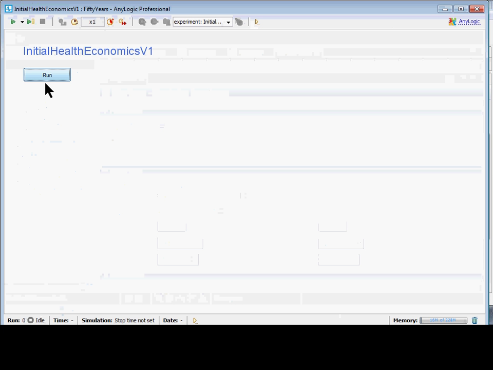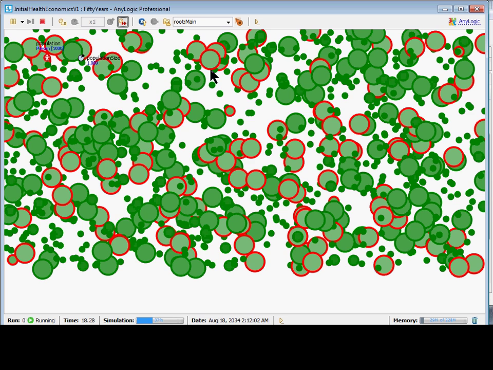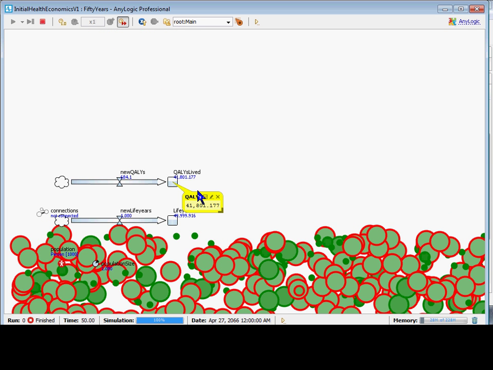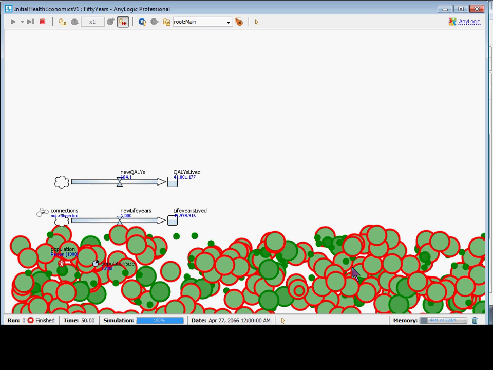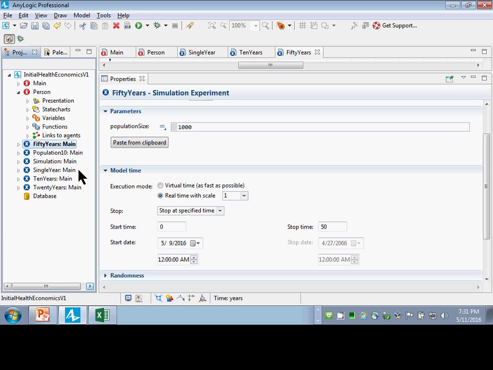Okay, so ladies and gentlemen, if this model had mortality in it, and we could readily put it in, we could take that into account in the natality. So this is quality adjusted life years lived. To recap, what I did is I went into person and this quality of life measure, and then I went into Main and I had population, and here we had a total QOL, which sums up across the entire population the total quality of life experience.